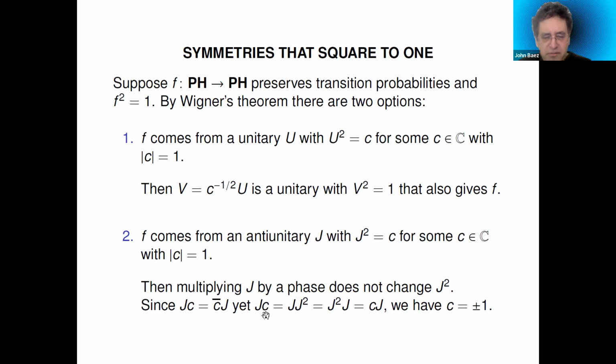But we also know that this phase is j squared, and j squared commutes with j. So this phase also commutes with j. So the phase both conjugates and commutes with j. So the phase has got to be real, plus or minus 1. So you have 2 options in that case.